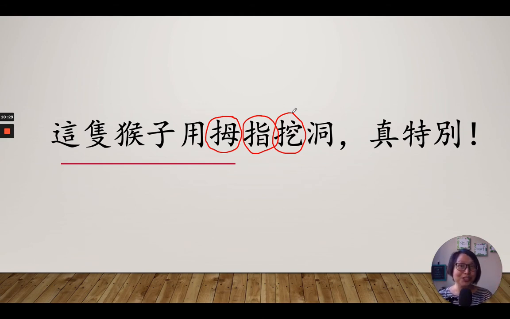Any other word with the 剔手邊? Well, you may say, 陳老師, I found one. It's right here, the second last word. The word 特. I think I see a 剔手邊.